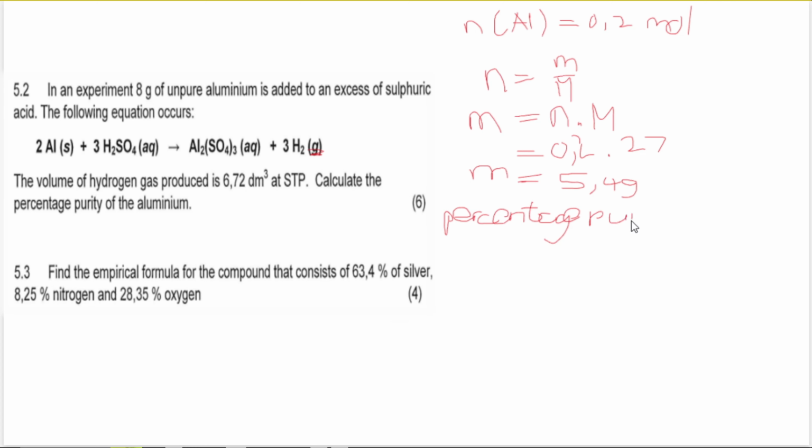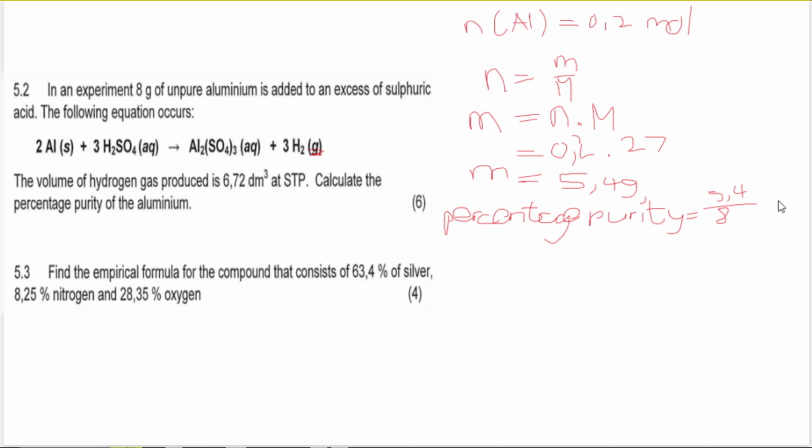Because if someone needs to know what this is to do. So that is equal to the actual pure mass over the impure mass. I'm just going to put the values in. Lucky enough, I did tell you what the impure mass is.